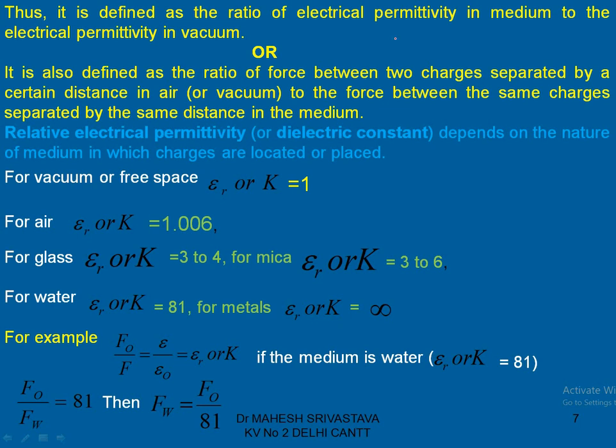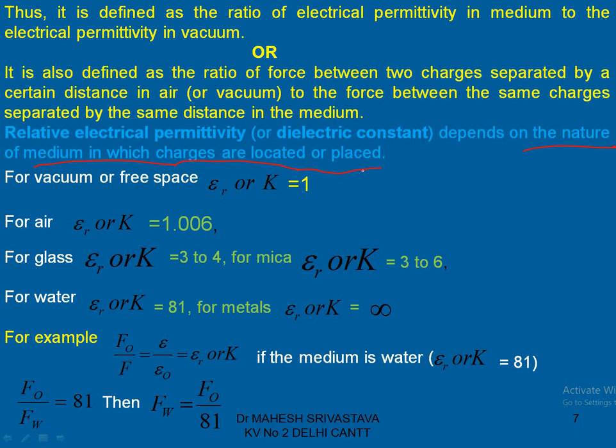And as we say that it is the property of the medium, relative electrical permittivity or dielectric constant depends on the nature of the medium in which charges are placed or located.